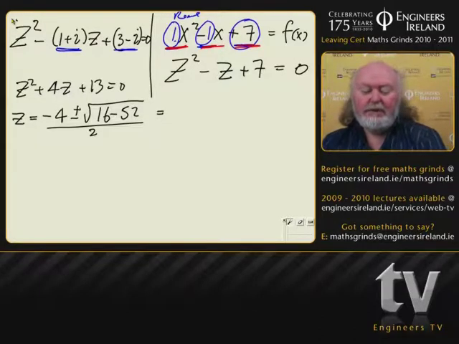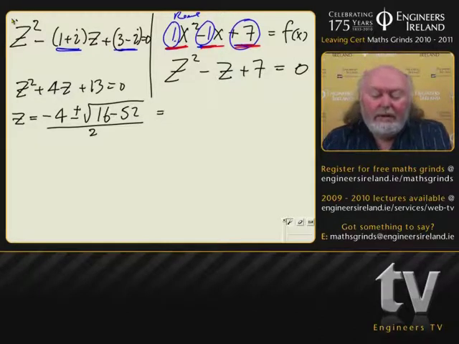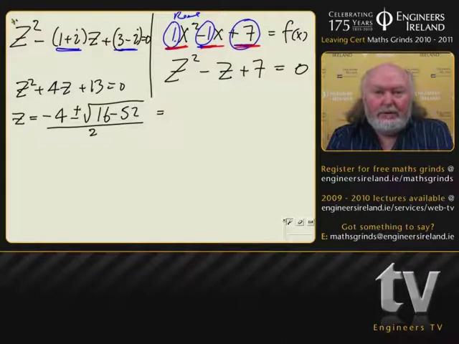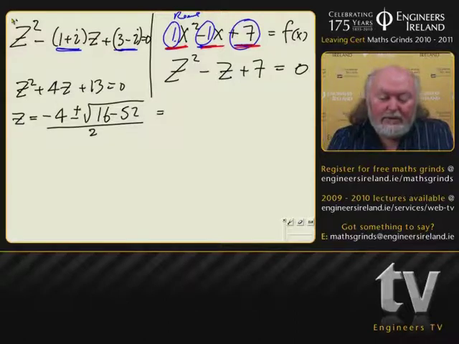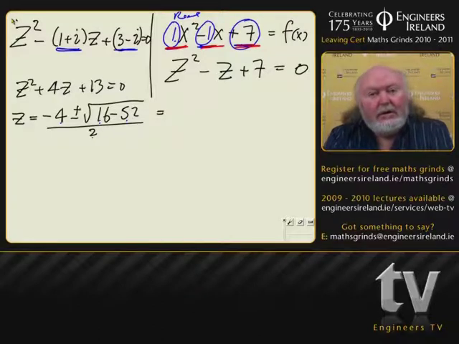The first thing I would say to you, I always like to simplify down before I start dealing with messier stuff. Now clearly the 4 will be able to be divided by the 2, and I would look very quickly for a factor inside in here. Now 4 4s are 16. 4 by what is 52? Okay?